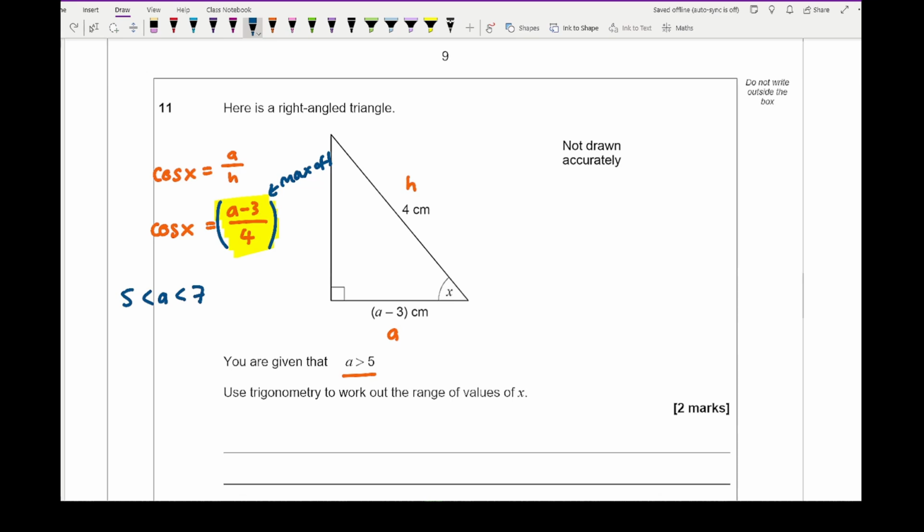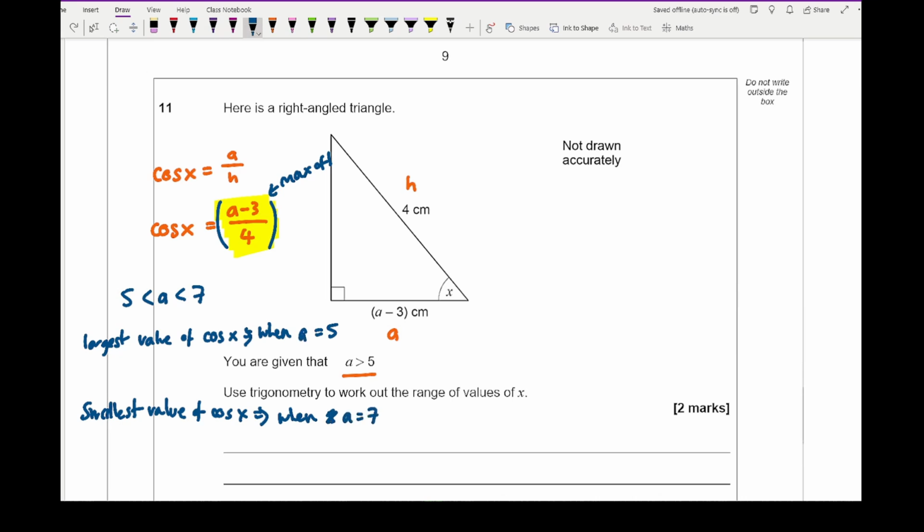So that means that the largest value of cos x is going to be when a equals 5, and the smallest is when a equals 7.